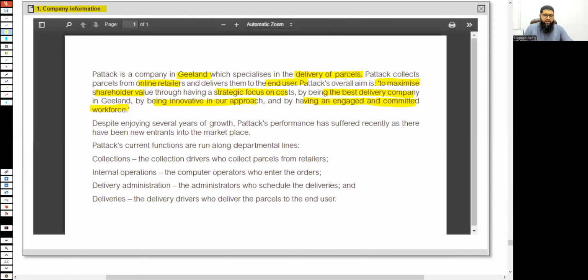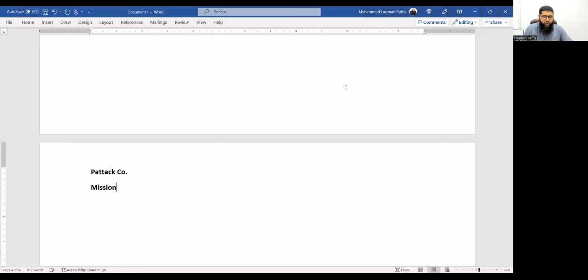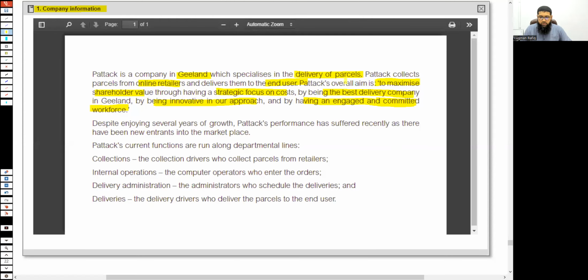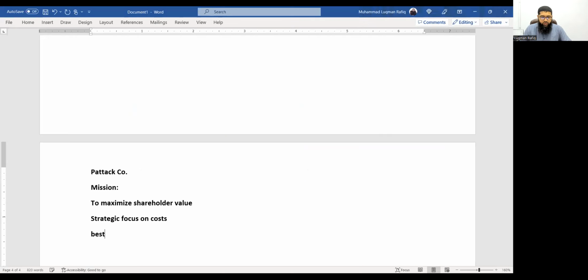The mission is to maximize shareholder value. That's one thing. A strategic focus on cost. Want to be the best delivery company in Geeland.